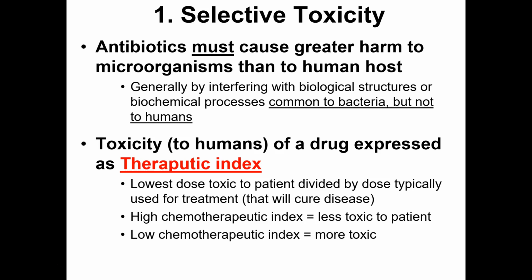Okay, so antibiotics are selectively toxic, meaning that ideally, when you take them, they will do more damage to the pathogen than to you. Okay, so they're all toxic. Okay, they're all going to do a certain amount of damage to you, but it would make more sense if you have an antibiotic that does more damage to the pathogen.